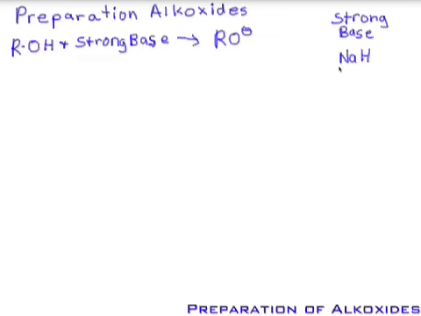Another one is sodium amide. Sodium plus, NH2 minus is negatively charged and has actually two lone pairs. Now NH2 minus is a deprotonated form of NH3.